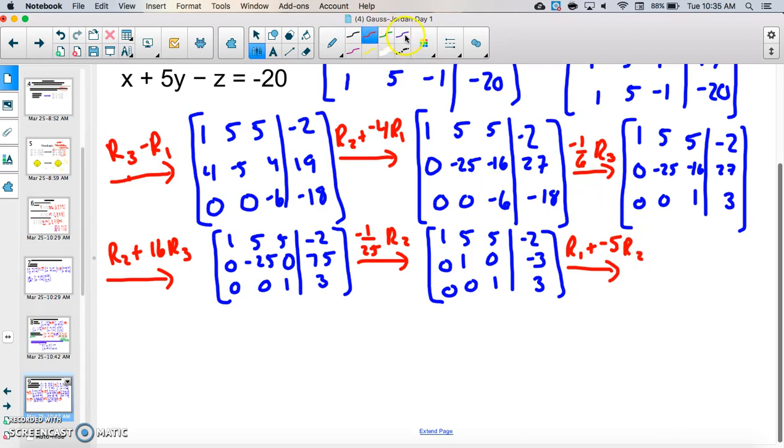Let's do that first. So row 1, 0 plus 1 is 1. 5 plus negative 5 is 0. And 5 plus 0 is still 5. And here we've got 15 plus negative 2 is 12.